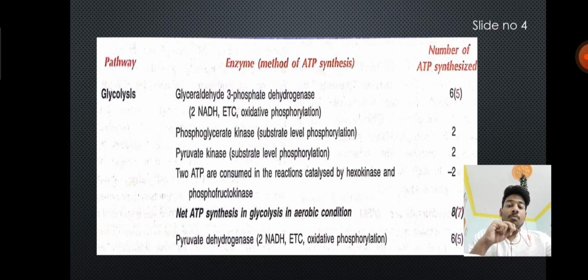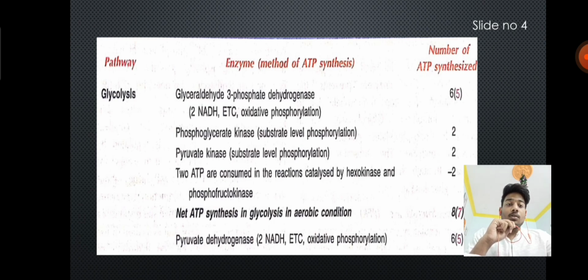At this step, one molecule of ATP is generated, and finally by the action of pyruvate kinase, the phosphoenol pyruvate is converted into pyruvate, which leads to generation of one molecule of ATP.